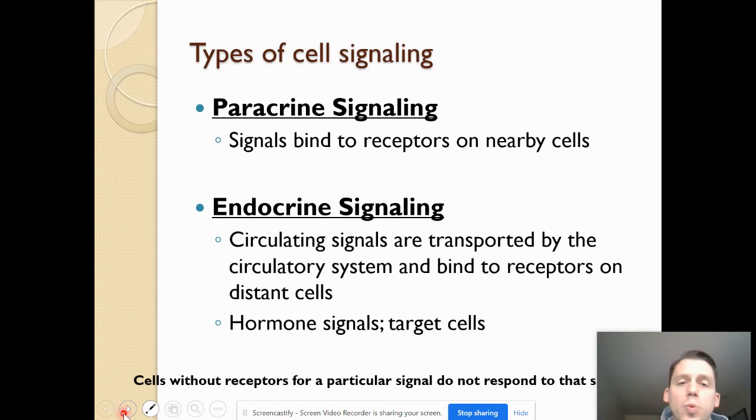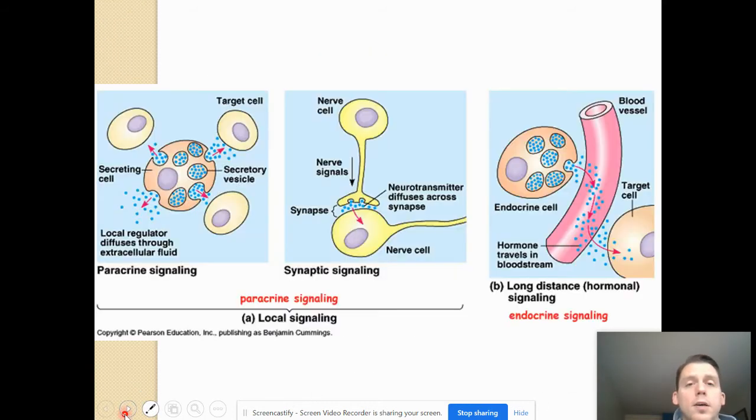Endocrine is when signals are circulated through the circulatory system and they bind to receptors on very distant cells. Often these are going to be hormone signals, and only very particular cells will have the particular receptor. And our point here, cells without receptors for the particular signal do not respond.